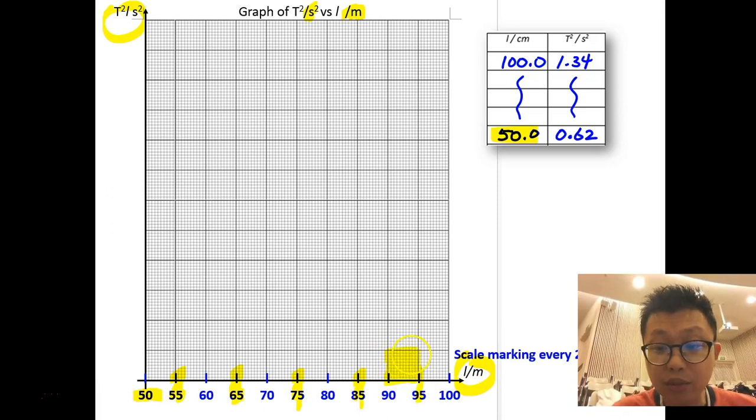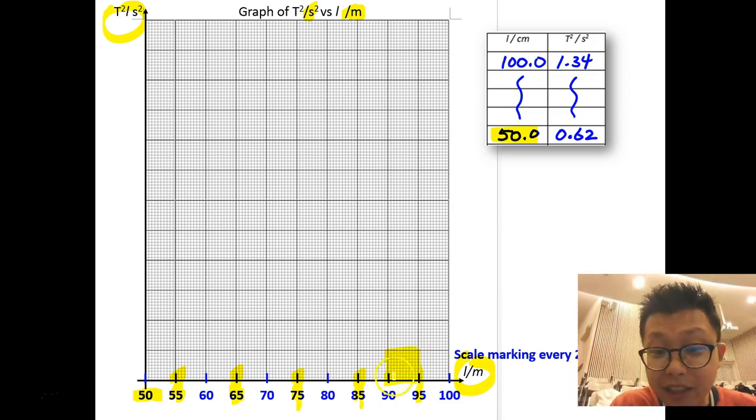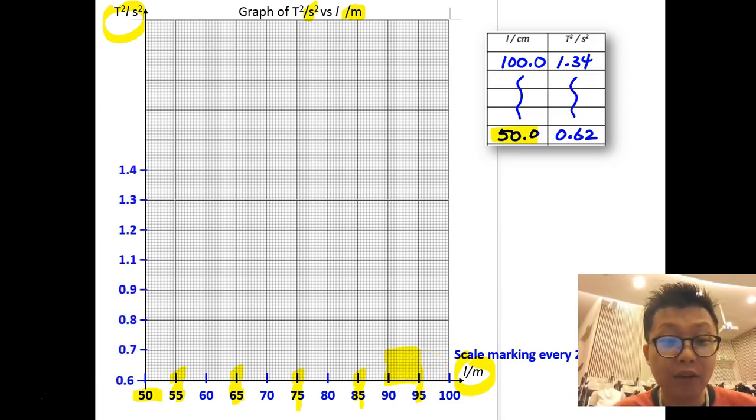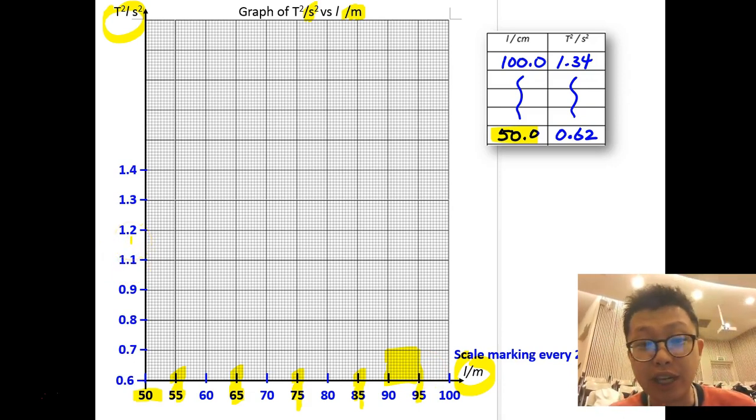Every 20 square, you need to give me a marking. Did I do wrong? Oh, sorry, this is 10 tiny square. Okay, so it's my fault. Sorry. Okay, so every 10 tiny square, you need to give me a scale marking. Okay, similarly for the side, I know there's a typo here. I have not changed it yet. Okay, like I say, I intend this typo there to check who is alert.